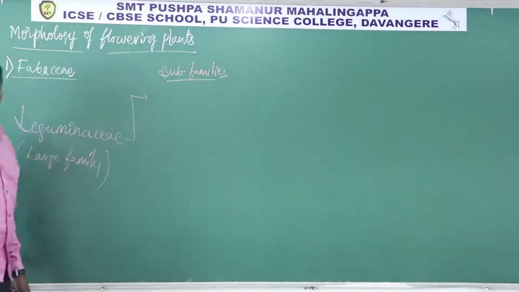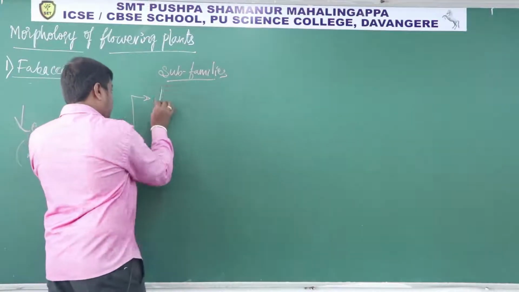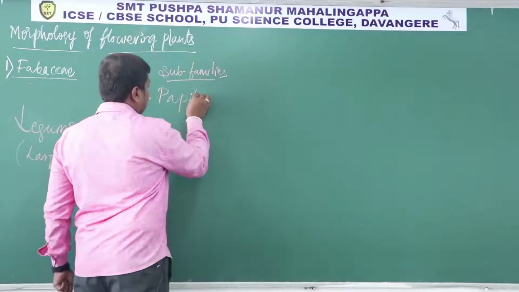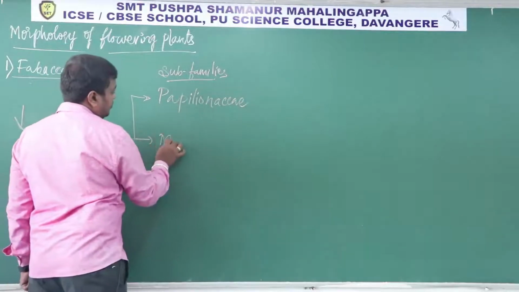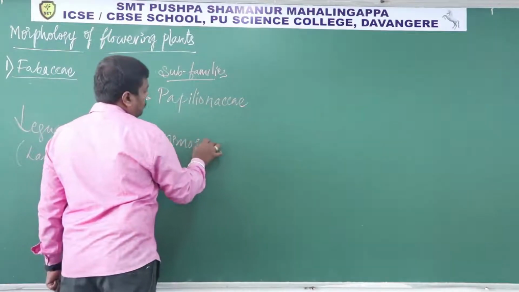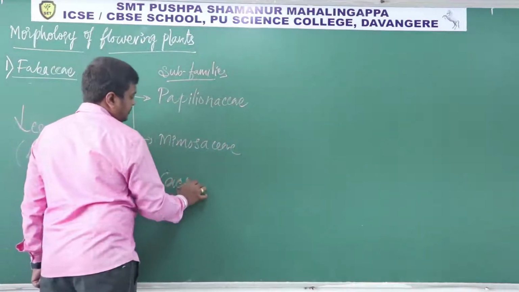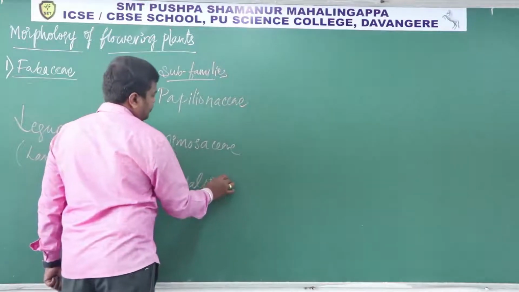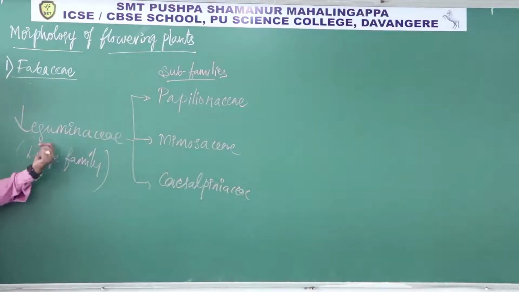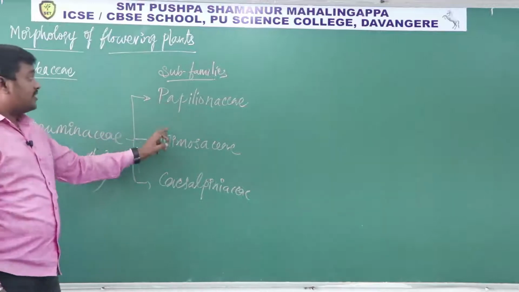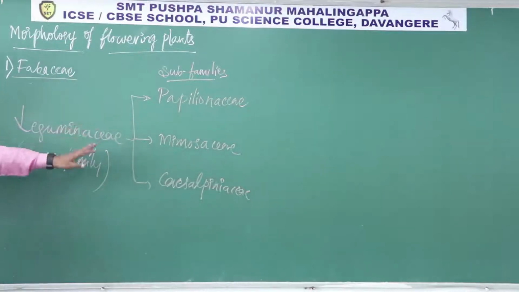Earlier these were called Papilionaceae, Mimosaceae, and Caesalpinaceae. So the family Leguminosae is divided into 3 subfamilies: Papilionaceae, Mimosaceae and Caesalpinaceae. So these are the subfamilies actually.